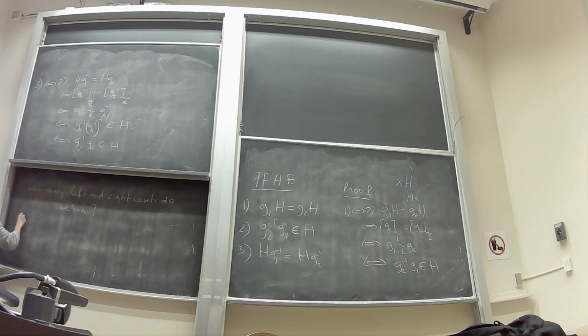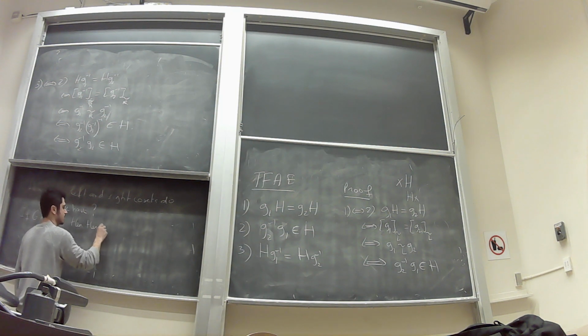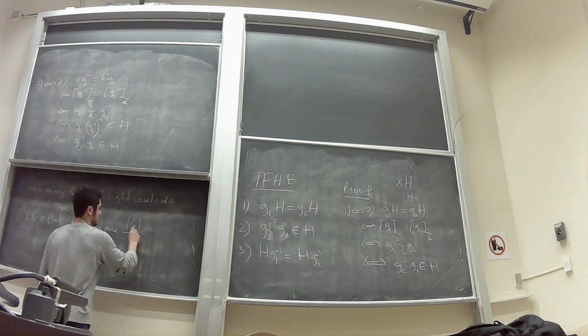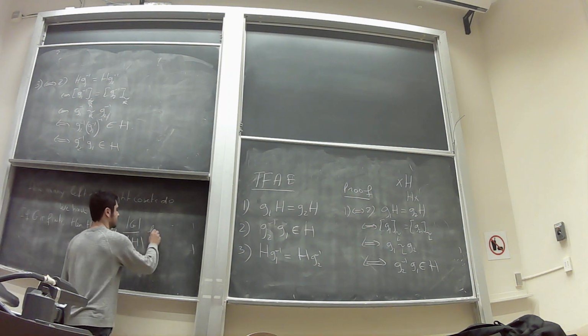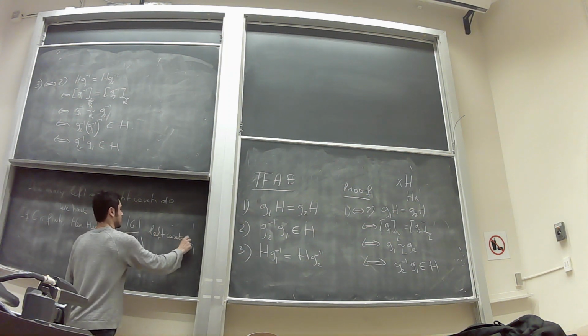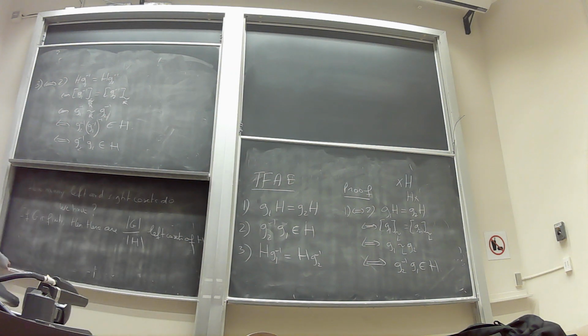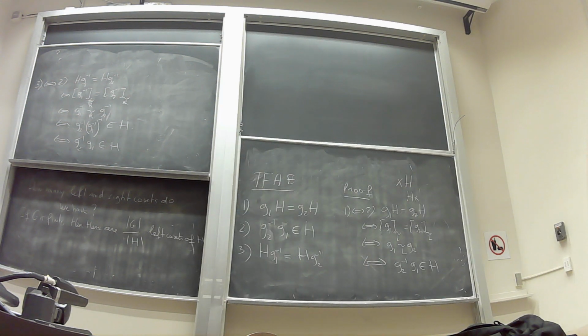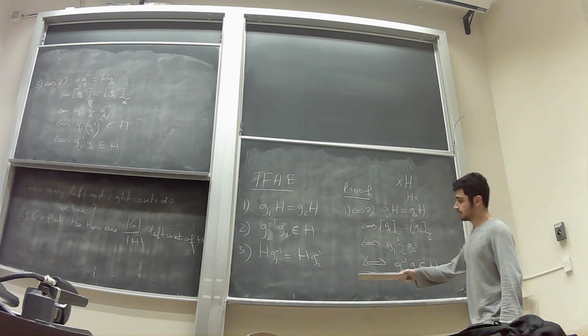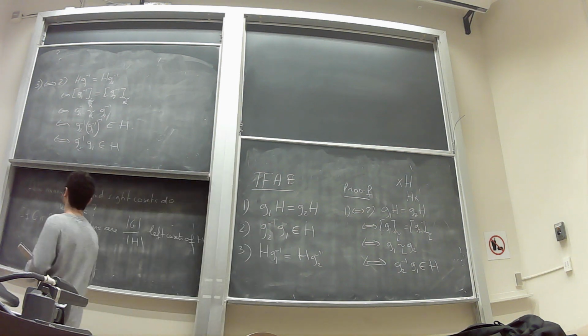You know, if G is finite, for example, then there are the number of elements of G divided by the number of elements of H left cosets of H, right? Now the theorem here will say that the number of right cosets is equal to the number of left cosets. Or in other words, to prove it more generally, there's a bijection between the left cosets and the right cosets. And the bijection is given here. You can see it immediately.